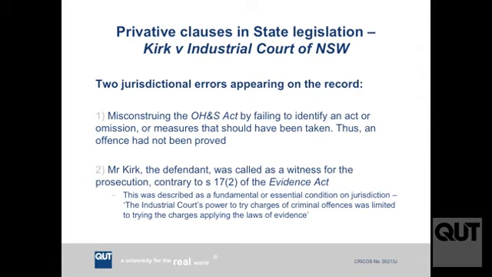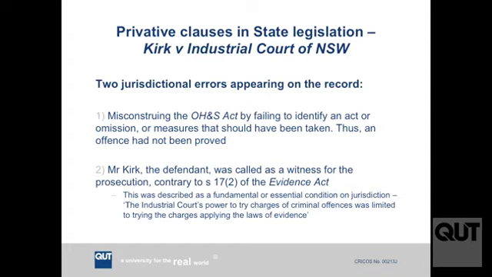In this way, the Industrial Court misapprehended the limits of its functions and power. This misconstruction led the court to make orders convicting Kirk and sentencing him when it had no power to do so, because it had not actually made the findings necessary to constitute an offence. In other words, an offence had not been proved.